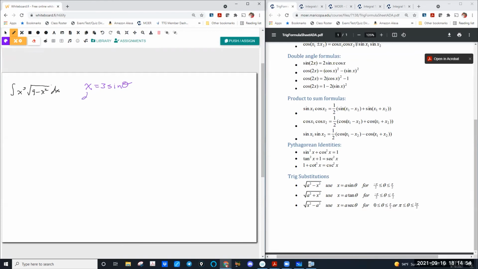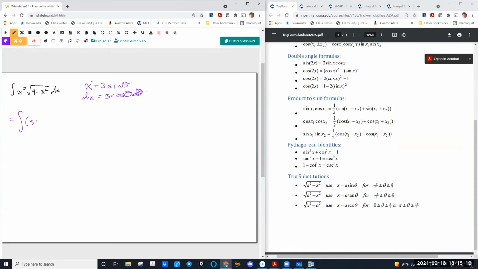The second thing you do is you find your dx. It is the derivative of whatever you have here. So it's 3 cosine theta d theta. Again, this is a forward substitution. I don't have to make anything fit. I actually literally just plug things in. So my x is going to go in for the x's.